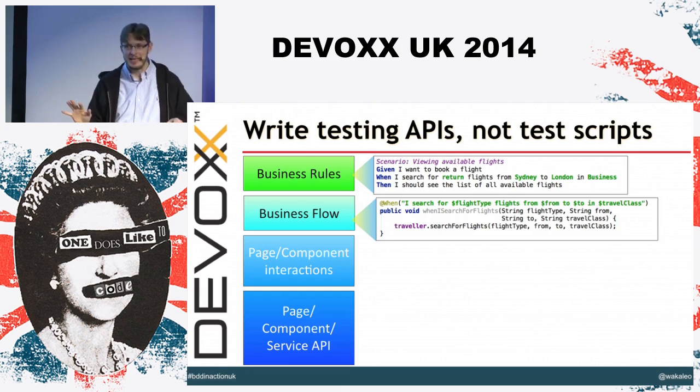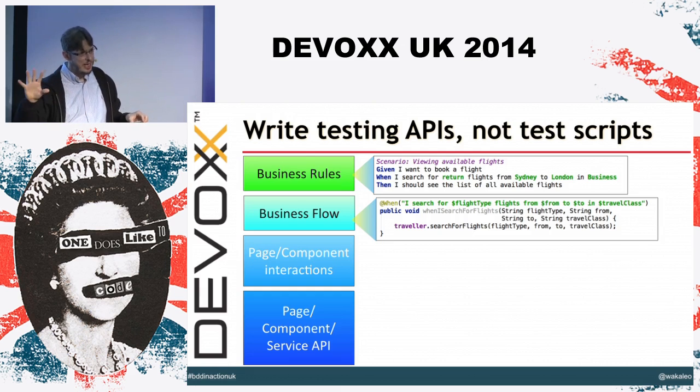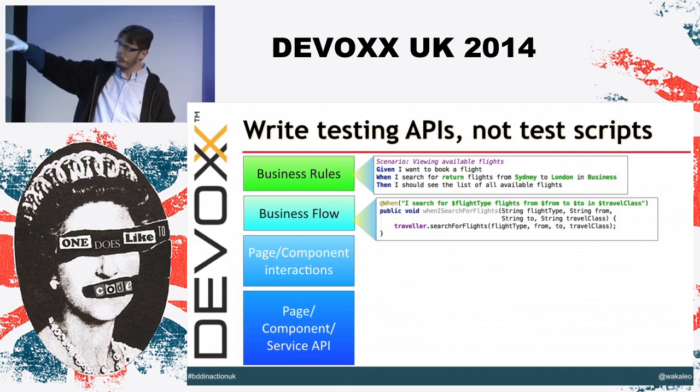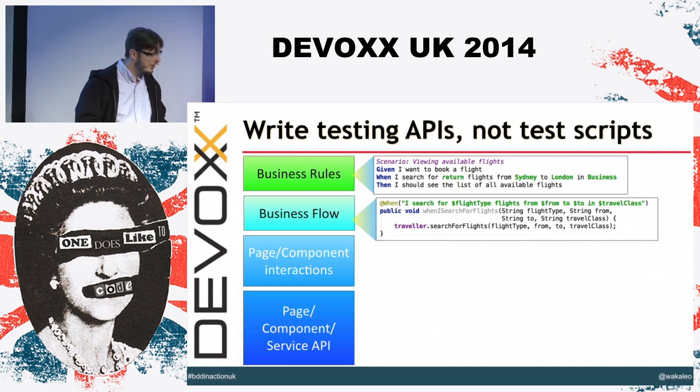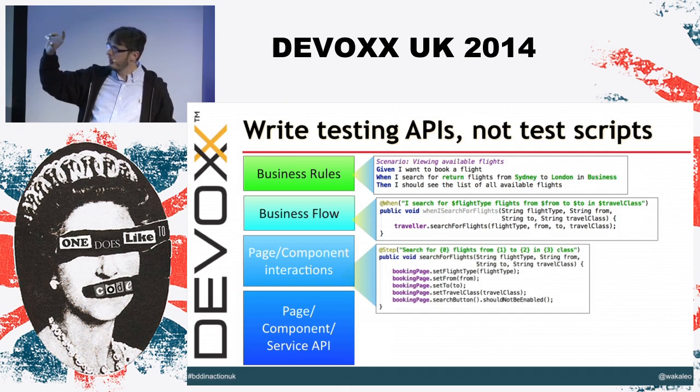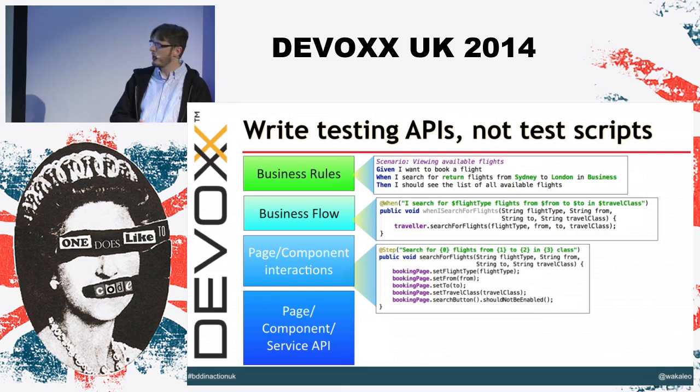I'm randomly making examples, but you get the idea. You may have fairly complicated business flows at this level that you need to implement. So you may have several steps inside each step here. But you're still at the business level. We're not actually talking about anything technical yet.